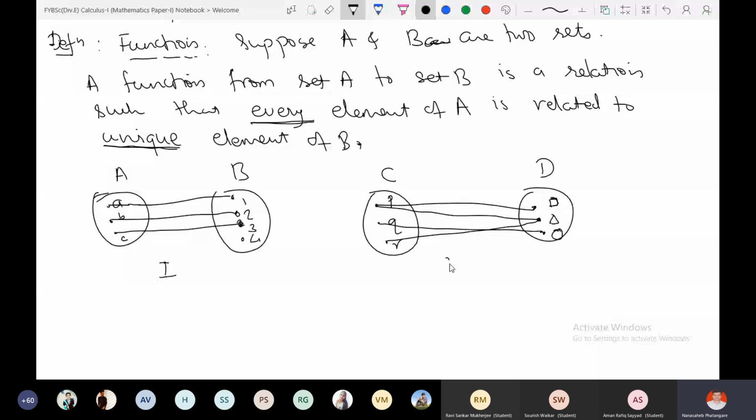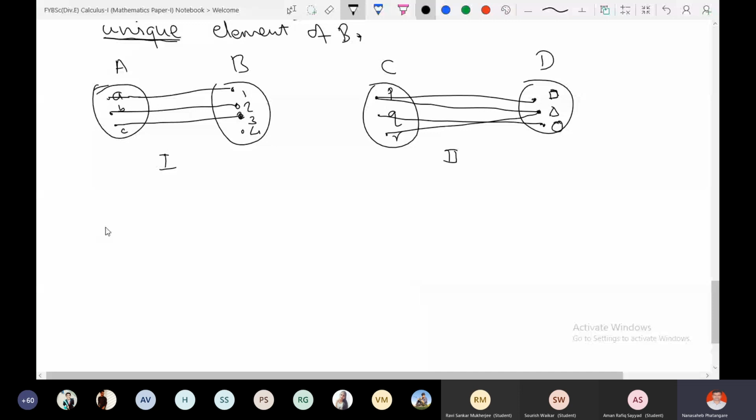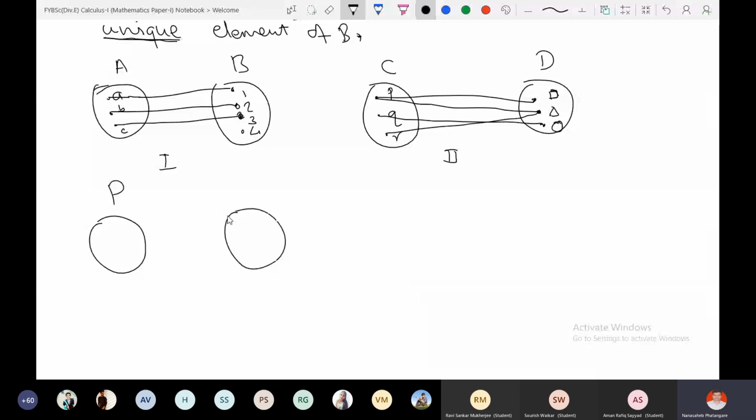This is the second situation. Now the third situation. I have set P, I have set Q, and here I have some cow, here some elephant, or here some lion. Doesn't matter what the objects are.